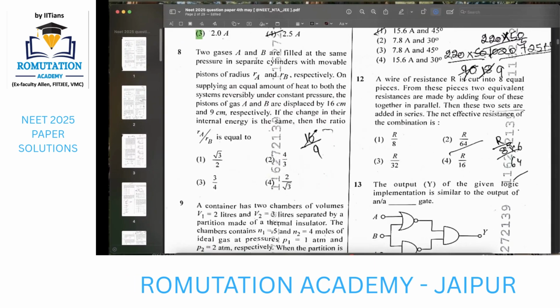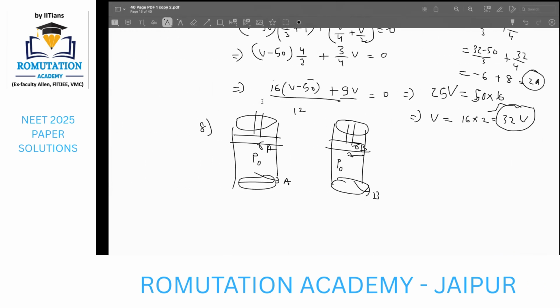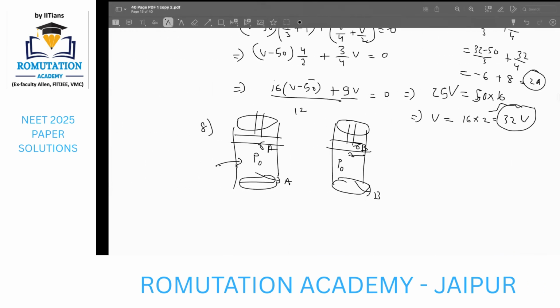Okay. So now they are given equal amount of heat, right? So under constant pressure, they are displaced by these numbers, 16 and 9 centimeters. So the change of internal energy is what also we are saying. So Q is what we are supplying here. Same heat is getting supplied over there.